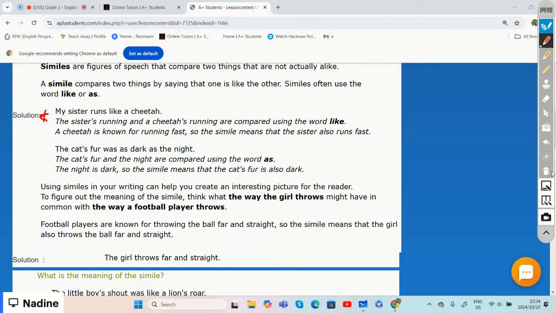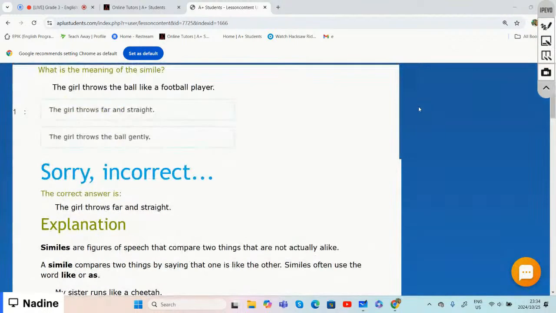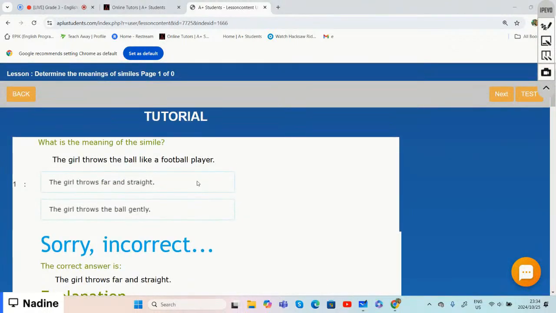All right, so now we're going to our little activity and then our test. It says, what is the meaning of the simile? The girl throws the ball like a football player.